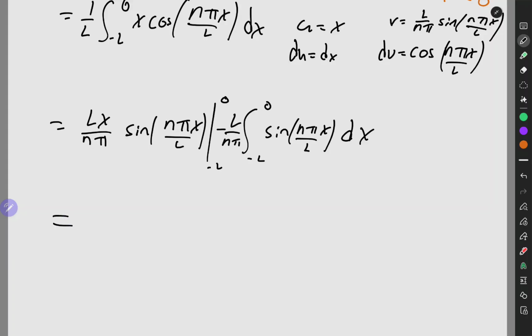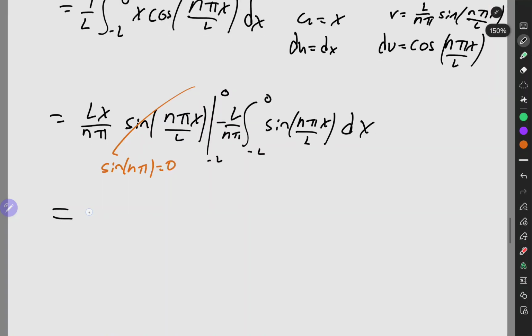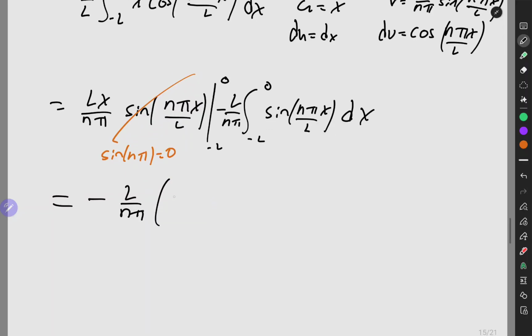So now if we evaluate that, that's 0 and 0 again. And then we look at this one over here. Plug in 0. Well, we have to integrate it. What am I doing? n pi x over L.